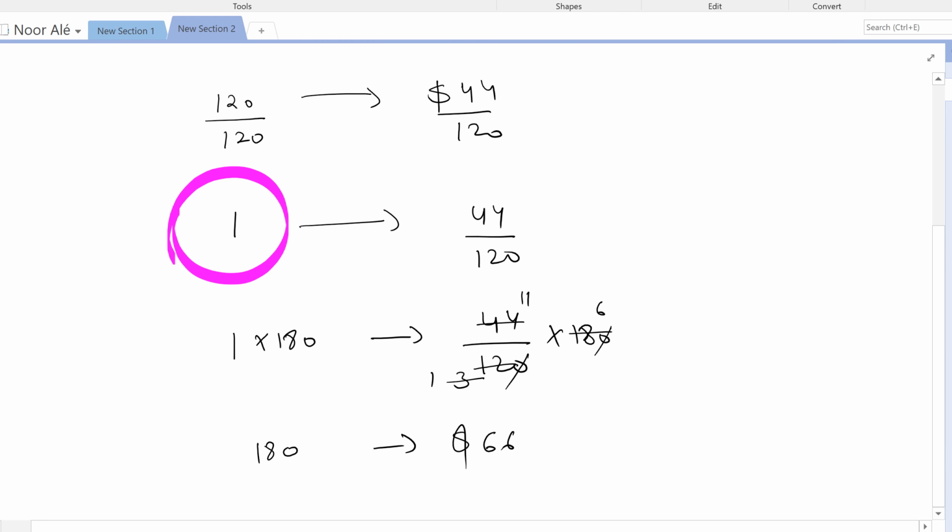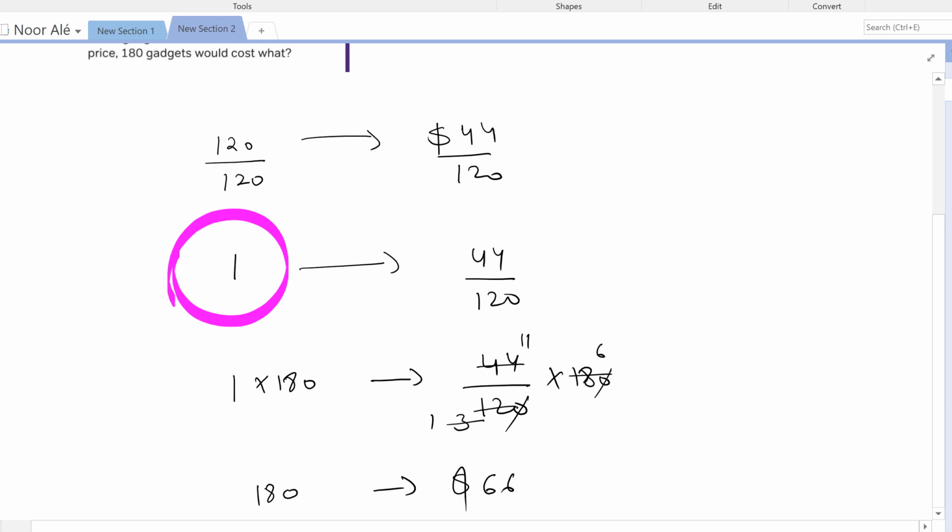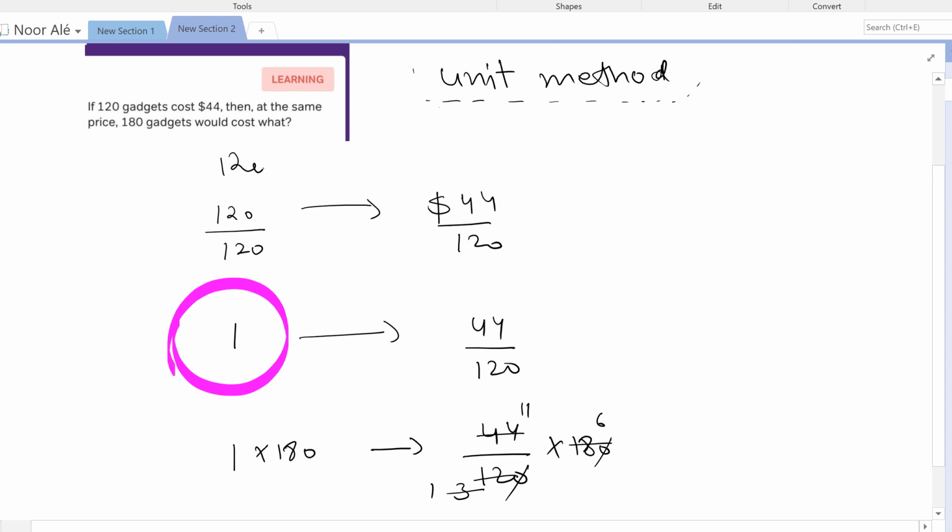So you convert whatever number you have. You had 120, and the money that you were paying was 44. So you divide both of them by 120 in order to establish 1 on the left hand side, to find the price of 1 unit.